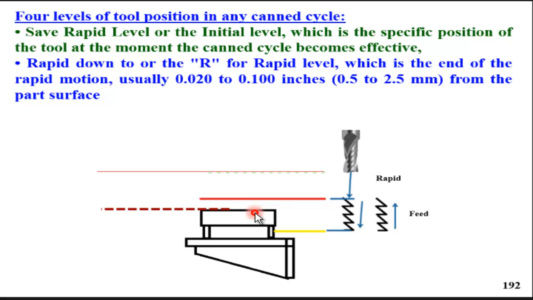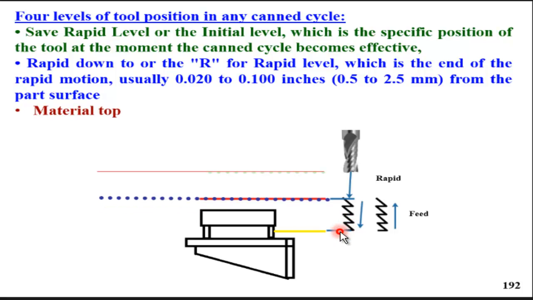Starting from the rapid level, the coming movement will be at the feed amount. It will not be rapid. It will be your feed amount. You decide how fast your tool will travel and do the required action.